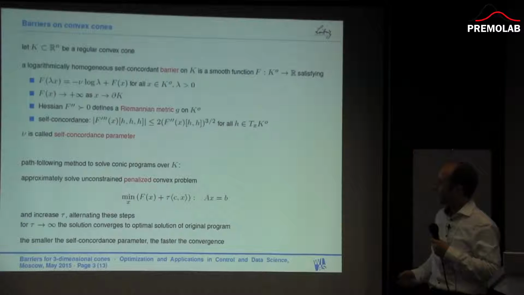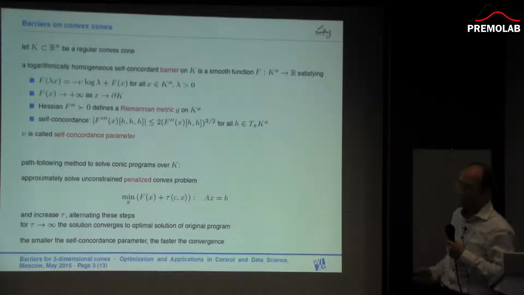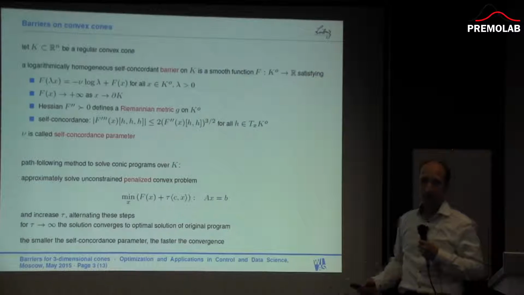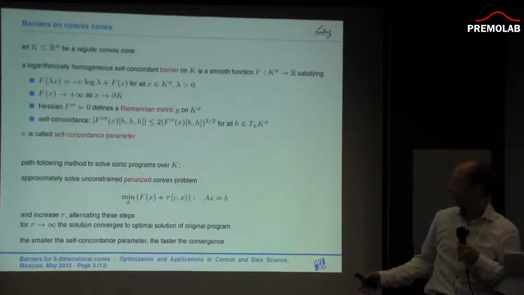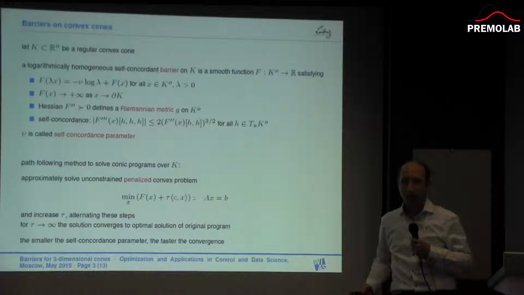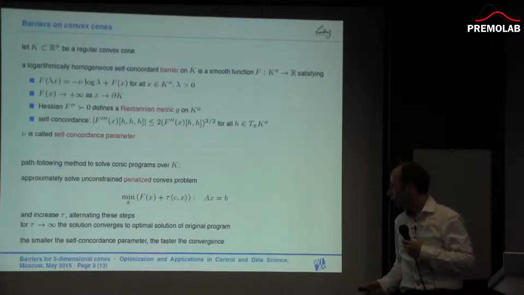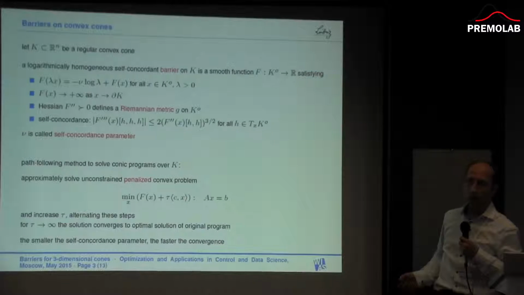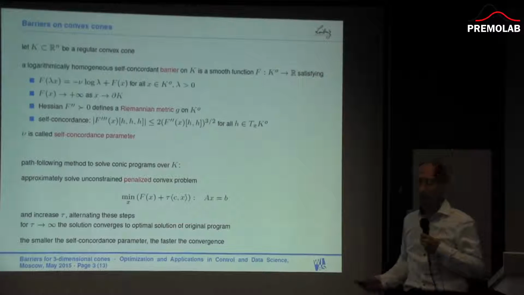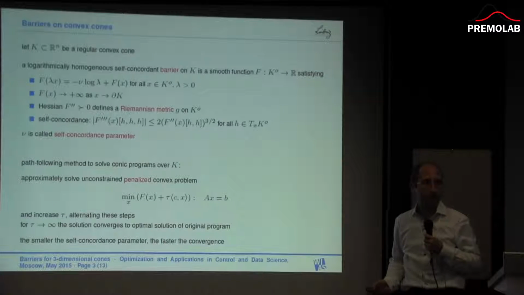And if we have such an object on the cone, which is computable, so you know how to compute gradient and Hessian, then you can devise a method to solve general conic programs over this cone.